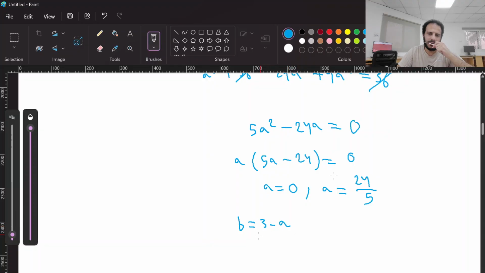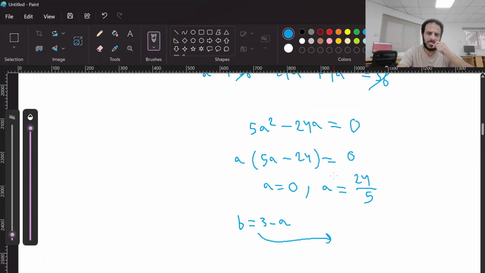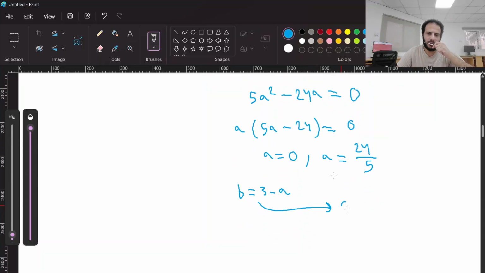We will have two solutions. One of the two solutions is b equals 3 minus 0, which is 3. The other one, you substitute 24 over 5. You get 3 minus 24 over 5, which is minus 9 over 5.